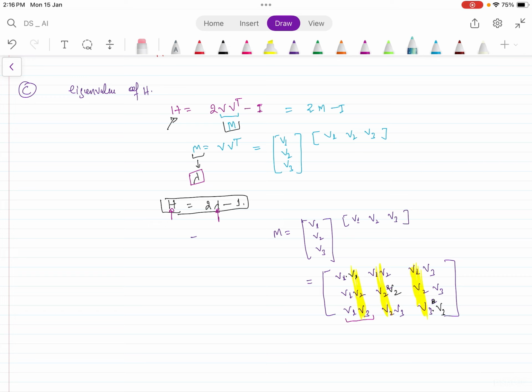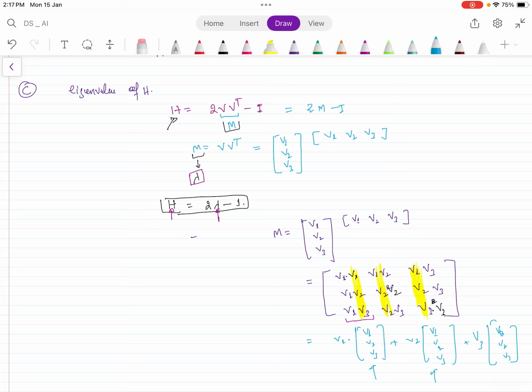This is nothing but a linear combination, like you can write v1 into v1, v2, v3 plus v2 into v1, v2, v3 plus v3 into v1, v2, v3, right? So you see that you have one vector, and the other vectors are scaled versions of this.